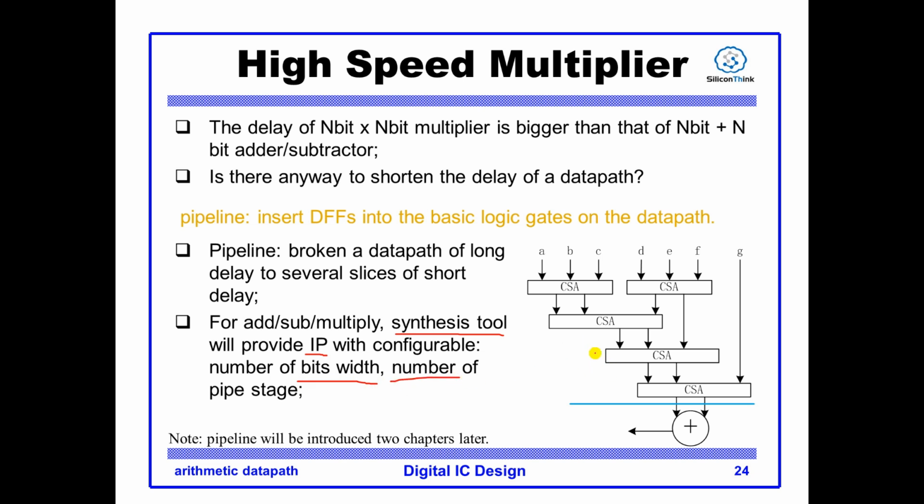Then the synthesis tool will insert the pipe stages at the correct locations, trying to divide the delay of the data path equally.